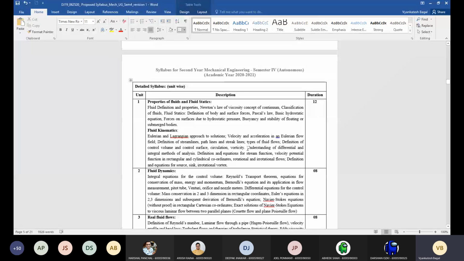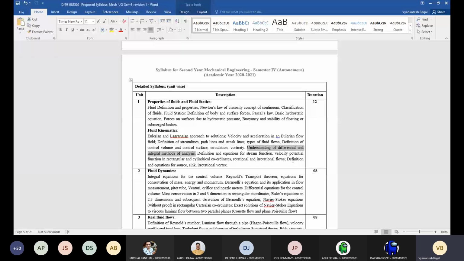Then next, understanding of differential and integral methods of analysis. Again, there are two approaches for studying fluid flow. One is called the differential approach. We'll use differential equations, for example, I may derive the differential mass conservation equation or the momentum equation, and we can use that differential equation for the analysis.